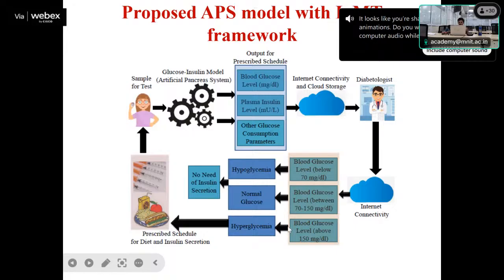This is specifically for the hyperglycemia condition. If you are at normal glucose or hypoglycemia, there is no need for any kind of insulin.